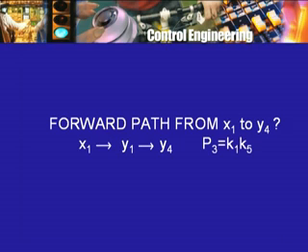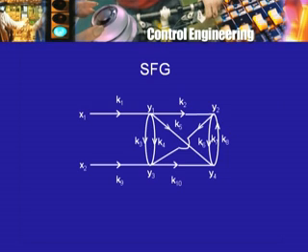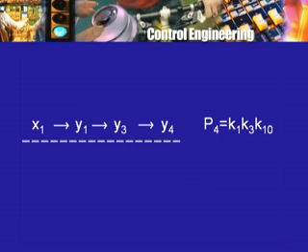So the gain of that path is K1 into K5, and it involves the nodes x1, y1, y4. Now from x1 to y1 I have to go, but from y1 maybe I can go to y4 in a different way. In fact, from y1 I can go to y3. So x1 to y1 to y3 to y4. That's a path P4.